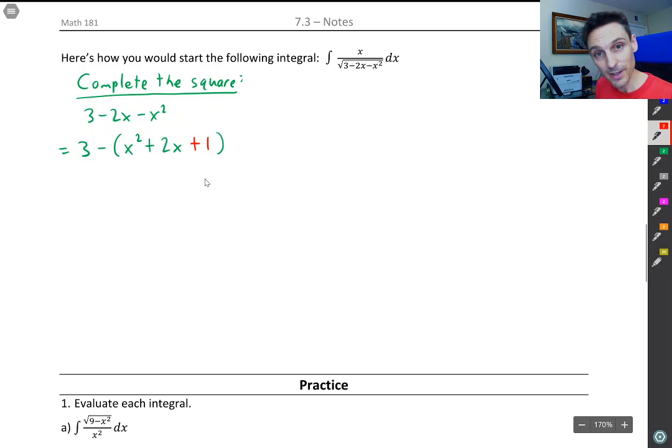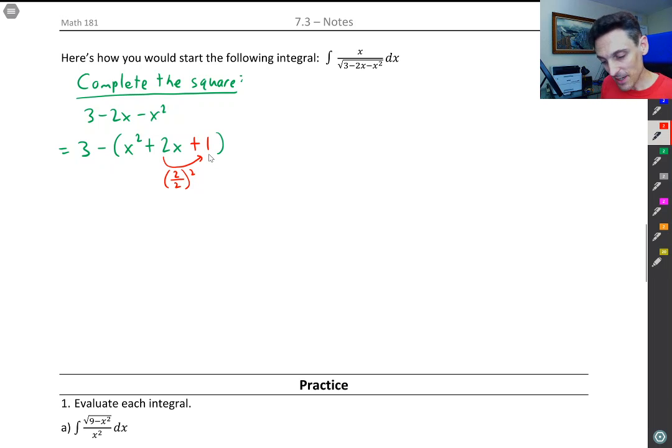If you said plus 1, that would be correct. So what you do is you take the coefficient in front of x, which is 2, you divide that by 2, you always divide by 2, and then square it. So 2 divided by 2 is 1, 1 squared is 1, so that's what you're going to add there to make this into a perfect square, so that you can factor it as something squared.